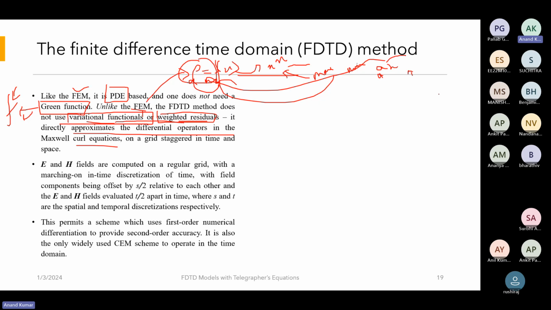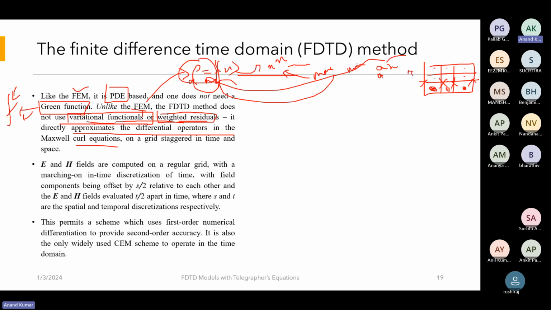Very briefly, what FDTD does is you have a simulation space, and you discretize it. We'll see why we are discretizing it like this. Then we solve for the electric field over here, over here, and over here. Use the values of the electric field to find the magnetic field over here and over here. Similarly, use the magnetic field values over here and over here.